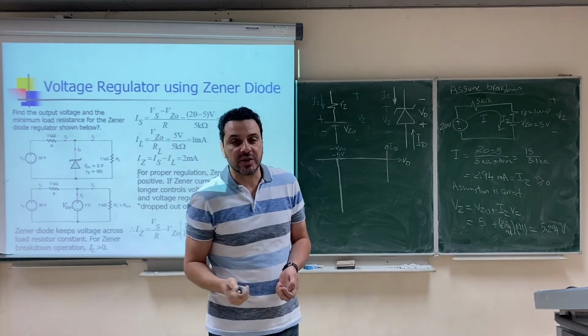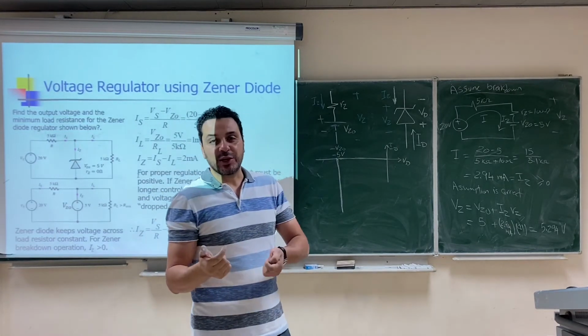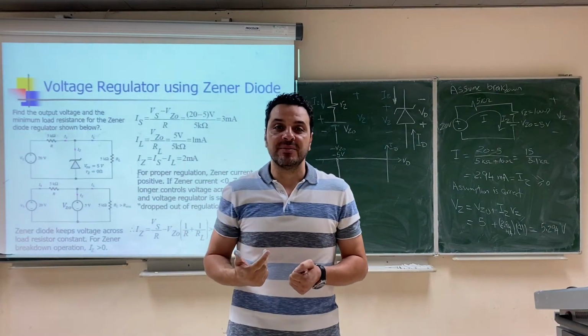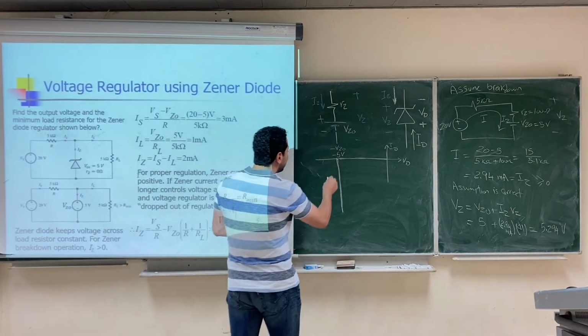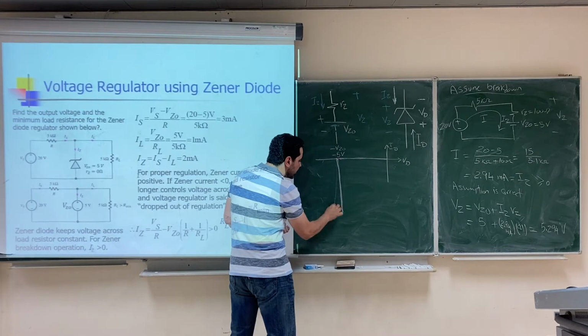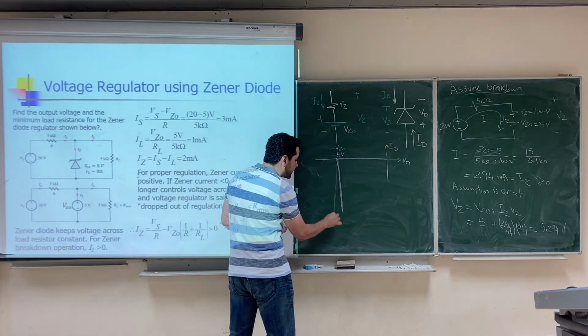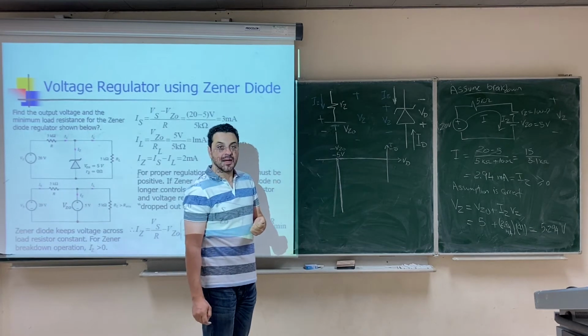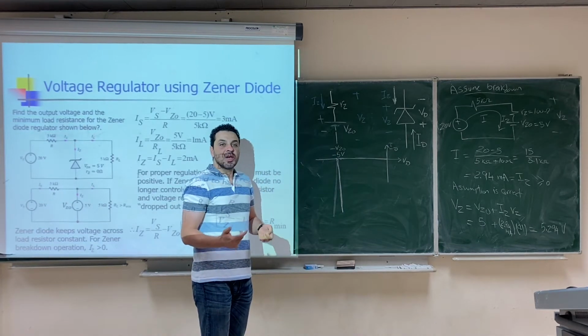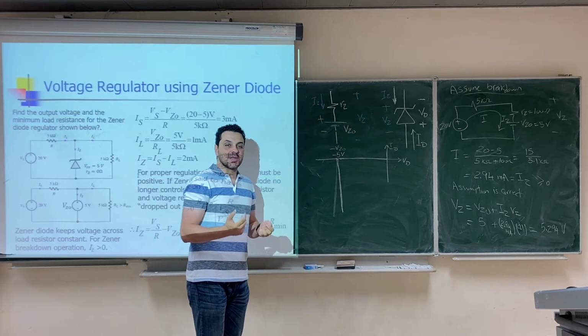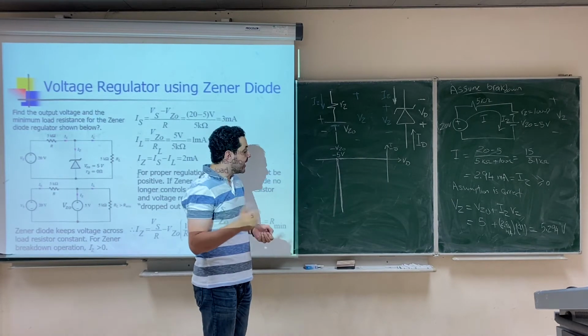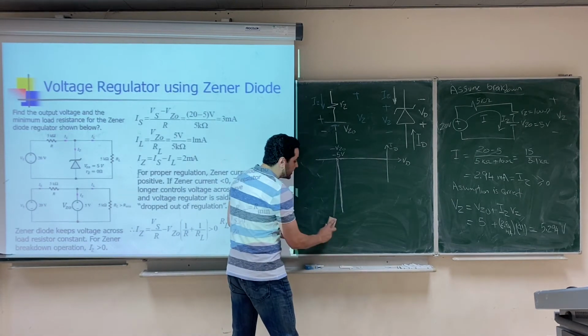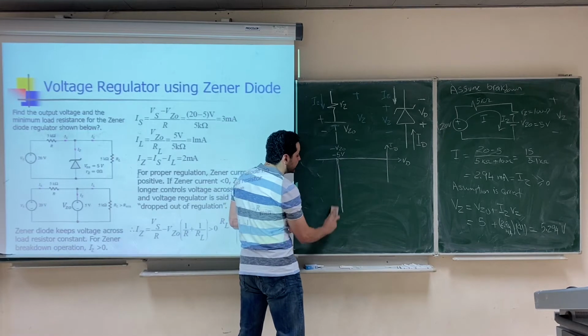Why perfect regulator? Why are we using the Zener diode from the beginning as a regulator? Because in the breakdown region, the voltage of the Zener diode is approximately constant. Even if there is a resistance, approximately the voltage will be constant. It's like a battery. That's why you model it as a battery and a resistor, and the resistor is very small, so sometimes you can model it to be 0.